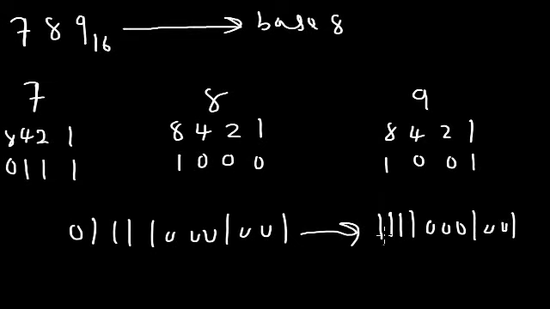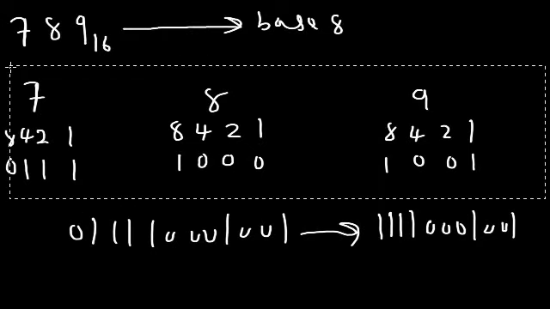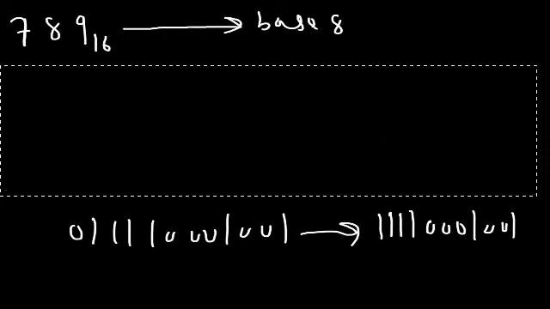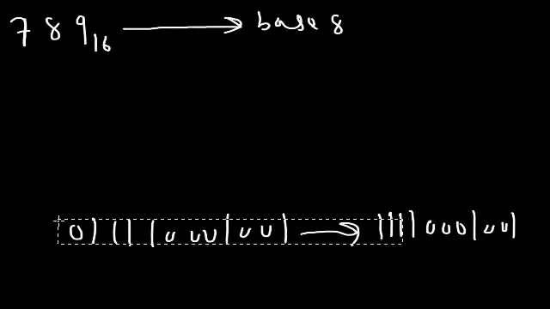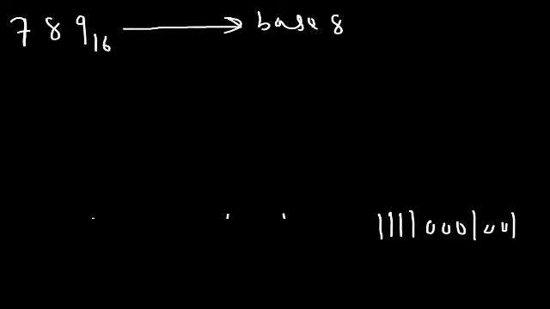Having gotten this, we can now proceed to converting it to octal. To do that, we are going to split these digits in base 2.